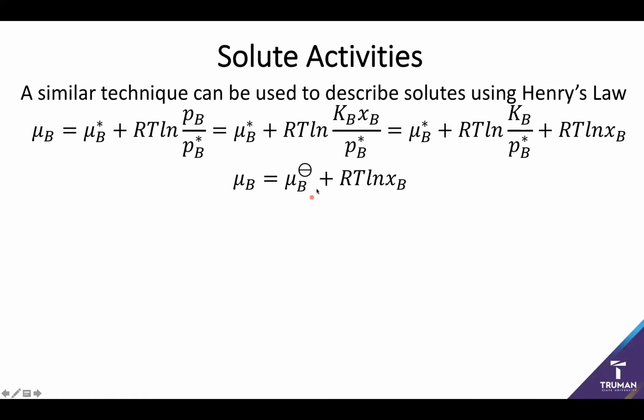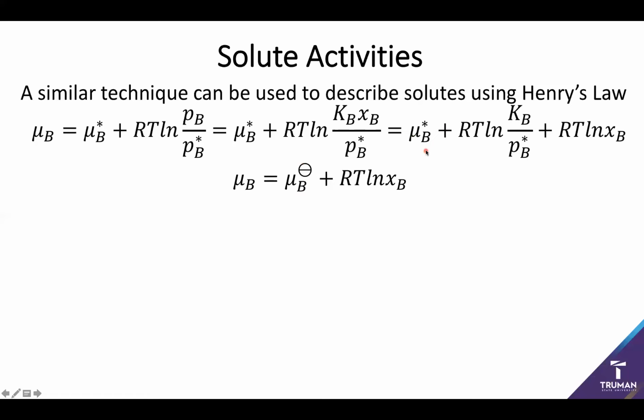So again, this is kind of an artificial value. You're never going to reach it because the equation will tend to break down before then, but it's an important kind of reference point. And you'll notice it will often be significantly different from the chemical potential of B as it behaves as a solvent.